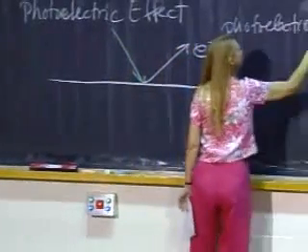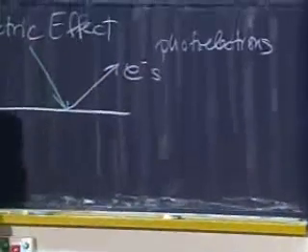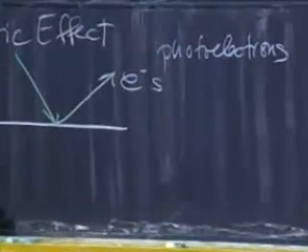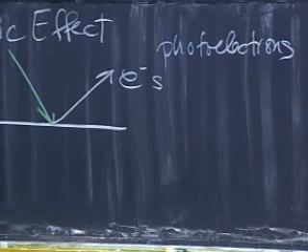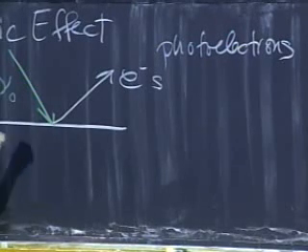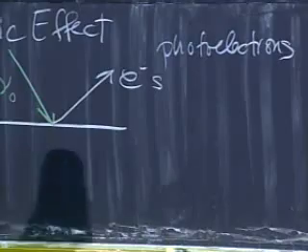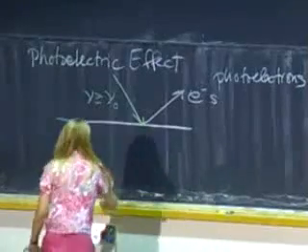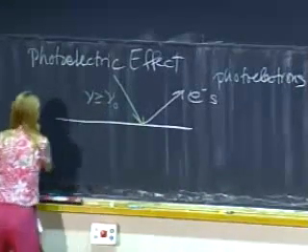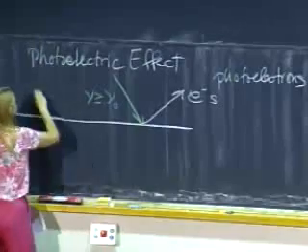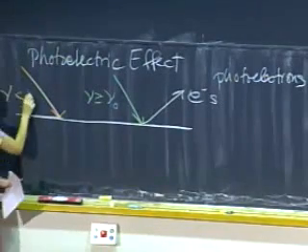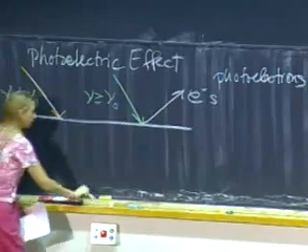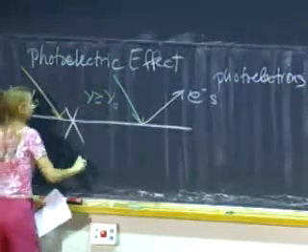However, the radiation that you shined on the metal had to have a frequency nu that was greater than or equal to some threshold frequency, nu naught. That is, if you took radiation of some frequency nu that was less than this threshold frequency, well, you didn't get any electrons off.